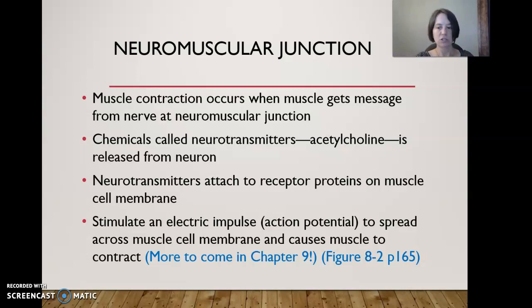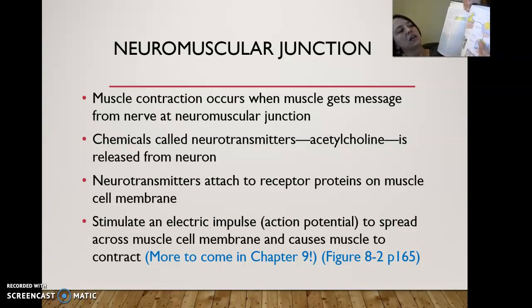So there's a nice picture of this on page 165, figure 8.2, and obviously it'd be a lot easier for you to just look at it in your book. But you have the axon of a motor neuron, and then the muscle cell, and then backing up to A, it has an actual picture of a motor unit, and those neuromuscular junctions.